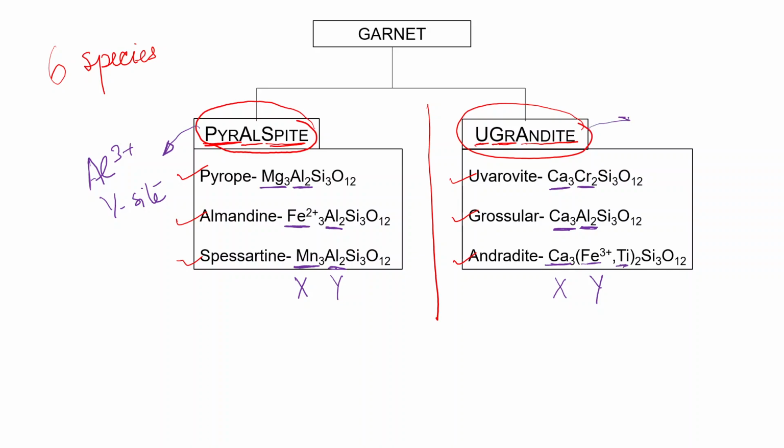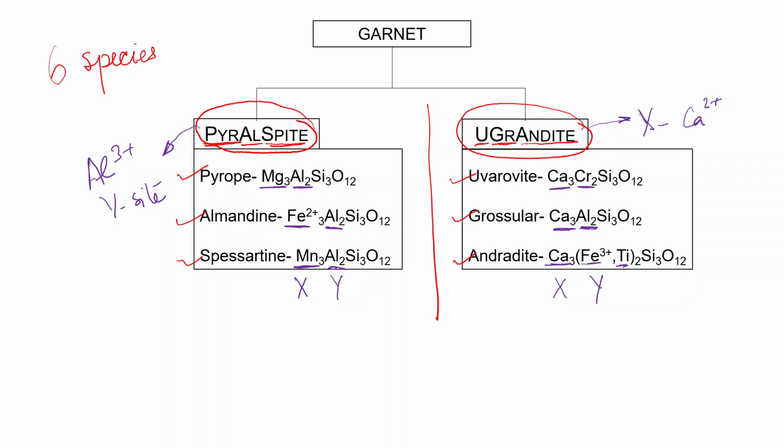So in eugrandite the X site has calcium, while in pyralspite the Y site has aluminum. I hope you can remember this easily: pyralspite consists of a fixed trivalent ion in the Y site, while eugrandite consists of a fixed divalent ion in the X site. So this is how these names are derived.